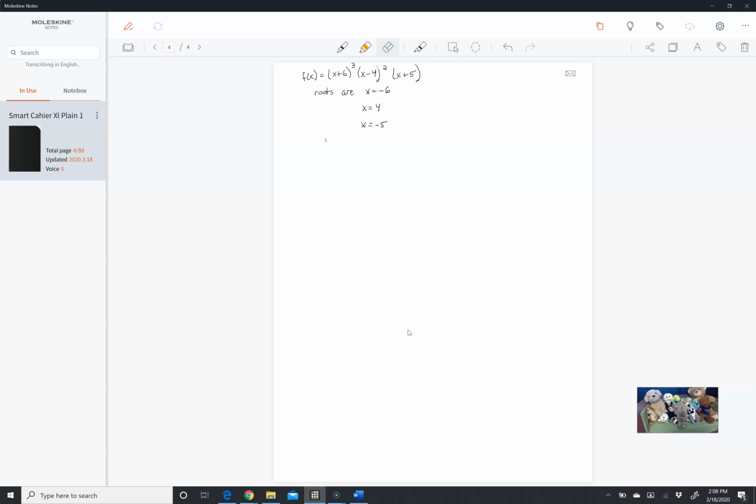Okay, we set each factor equal to 0. And then solve for x. That's how we can find the root. Again, this should not be anything new to you.